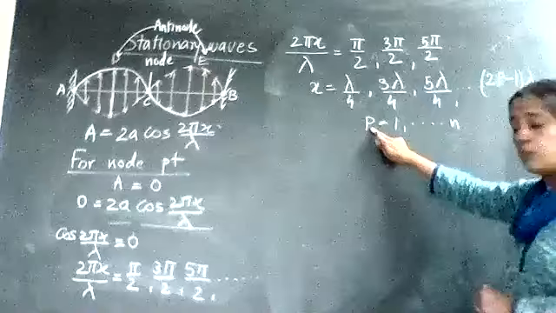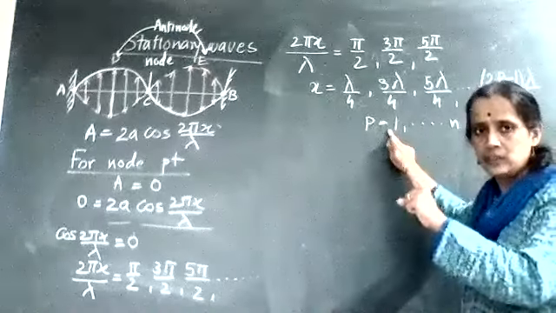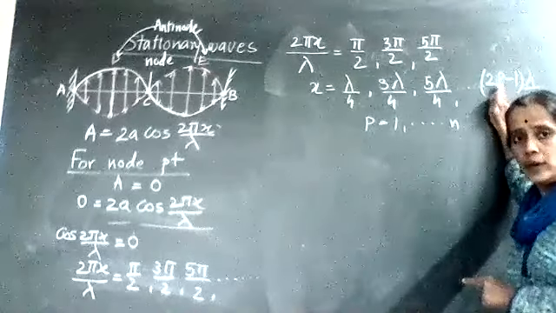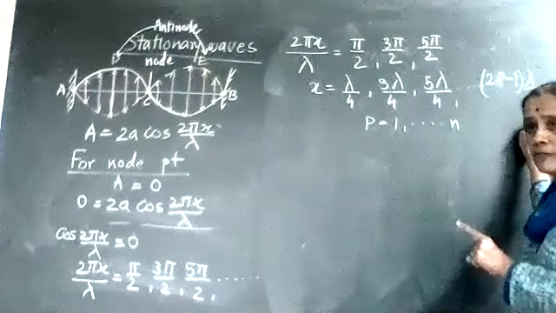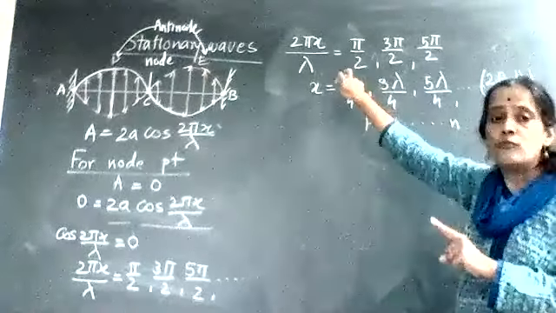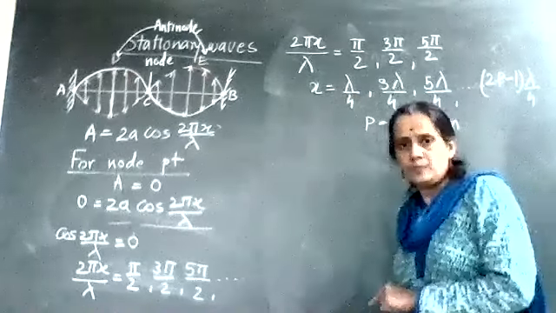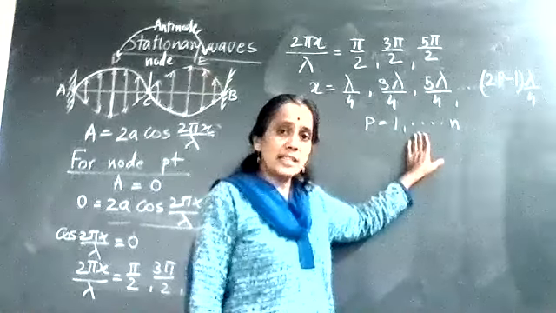See here, if I put the first value, p is equal to 1, I get the first node. So I will put p is equal to 1. So 2 into 1 is 2, 2 minus 1 is 1, 1 multiplied by lambda by 4. Means I am getting the first node at the distance lambda by 4. Similarly, I can find out the second node.